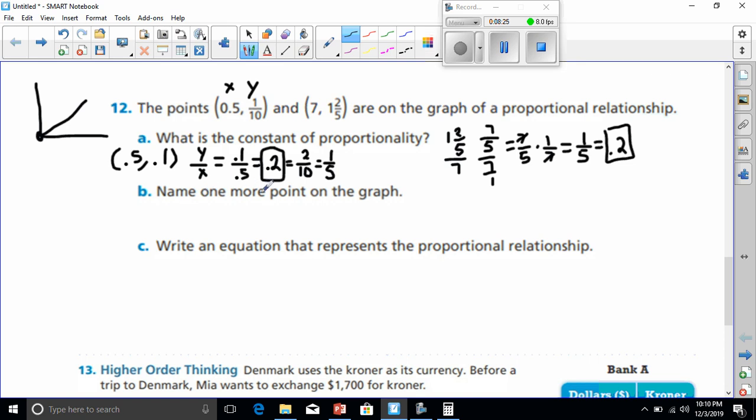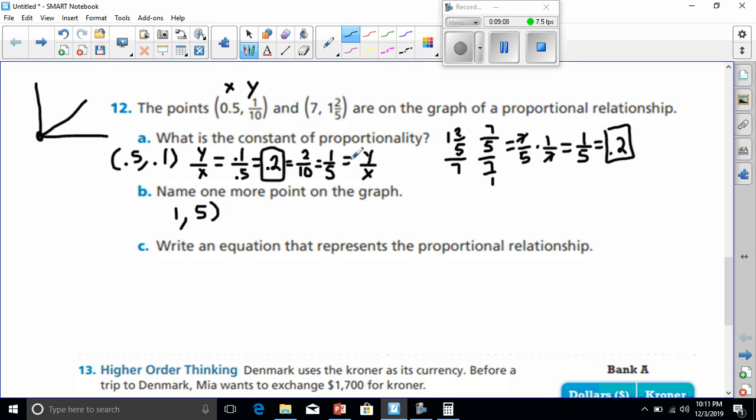Let's see, name one more point on the graph besides this. Well, the great thing is we can always go ahead and find any other point by using our constant of proportionality. Our rise over run is 1 over 5. So let's see. If we had a graph, remember, 1 stands for y, and 5 stands for x.